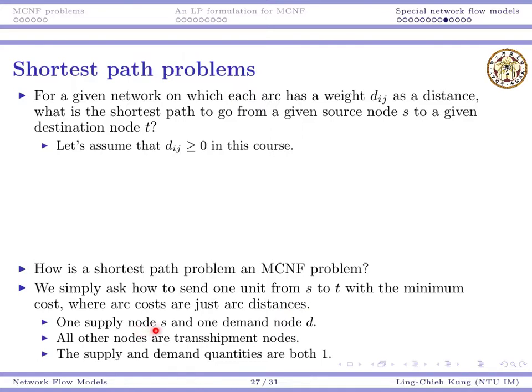There will be only one supply node S and one demand node T. All other nodes are transhipment nodes, and for supply and demand quantities, we will set them to be both 1. There are no arc capacities because we just want to send one unit, so arc capacities are not needed.